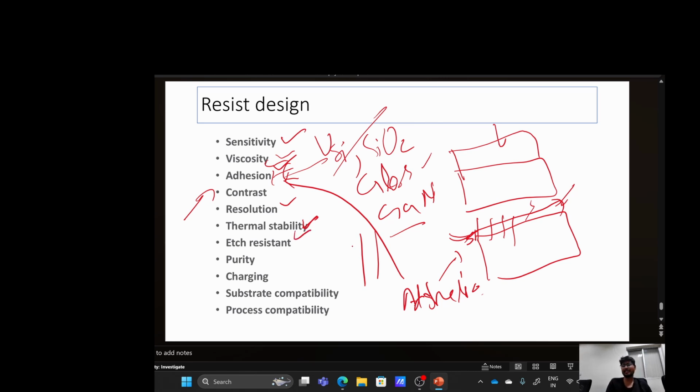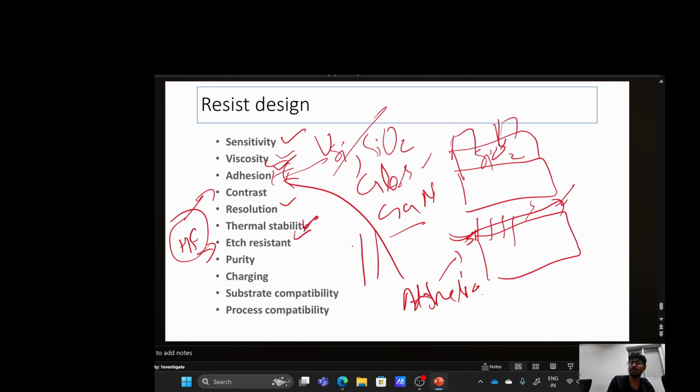And etch resistance: after the post exposure and post development, you have transferred your pattern onto this resist. After that you want to do some SiO2 etching, let us say in HF. It should be resistant to the HF, because you want to remove SiO2 over here.